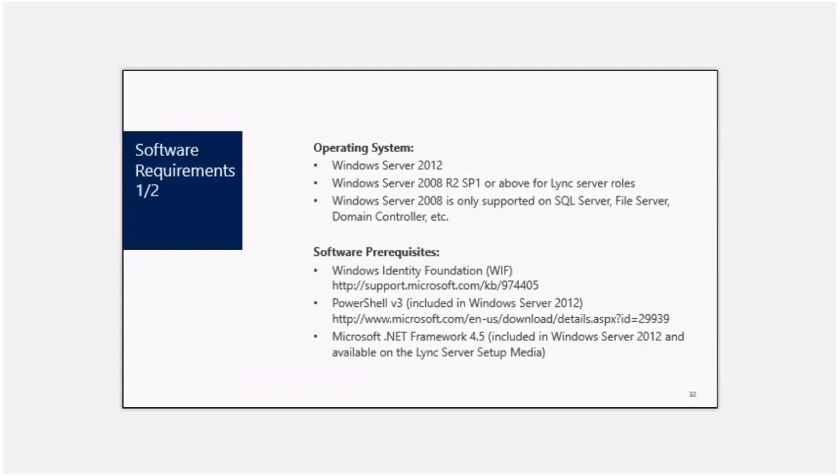You do need some tools such as PowerShell version 3, Microsoft .NET Framework 4.5, and the Windows Identity Foundation. If you're deploying Lync on Windows Server 2008 R2, you will need to deploy these ahead of time. If you're deploying it on Windows Server 2012 or 2012 R2, these are built into the install, so you don't need to worry about them separately.